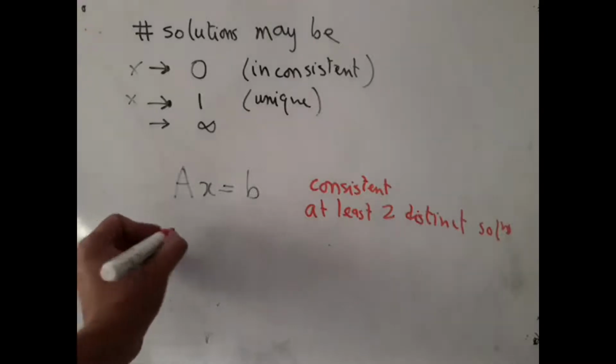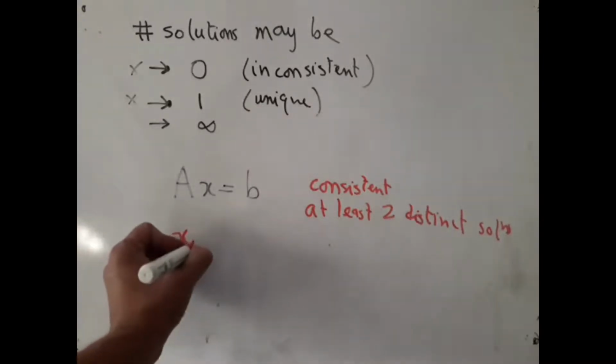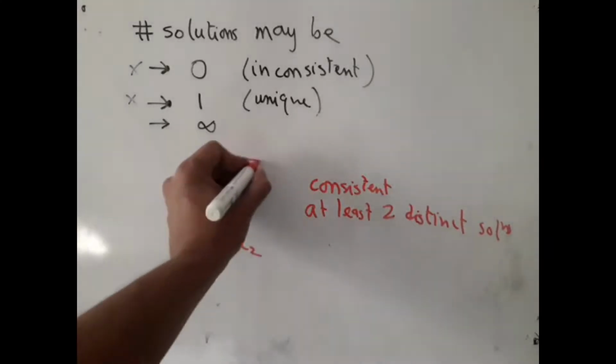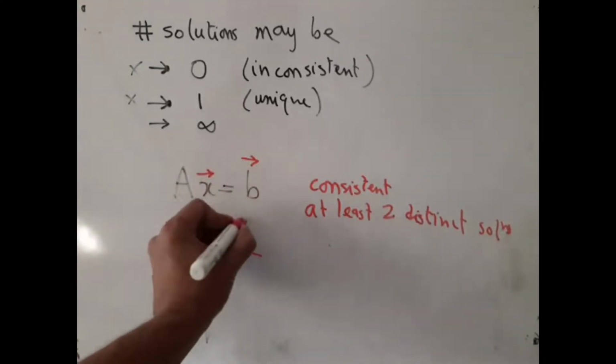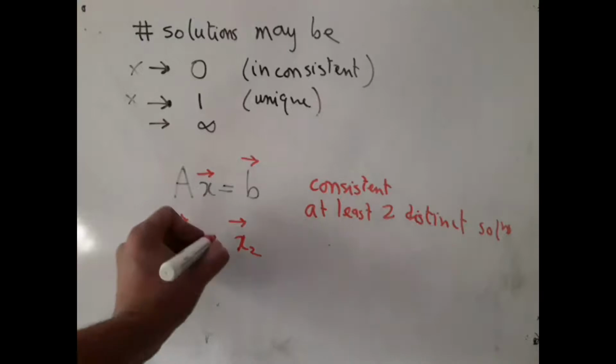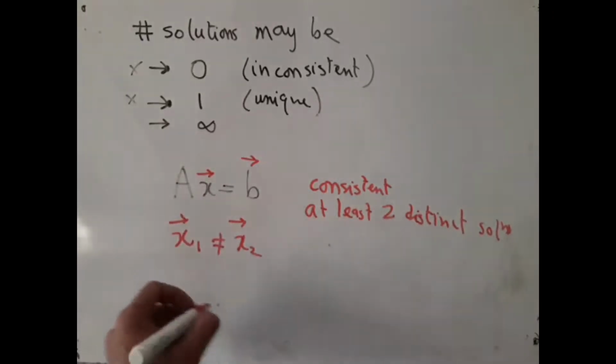So I take two such solutions, call them x1 and x2. So remember, these are all vectors. So x1 is a vector and x2 is a vector. They are not just the component of a vector. So both of them are solutions and they are not equal. So what I will do is the following.